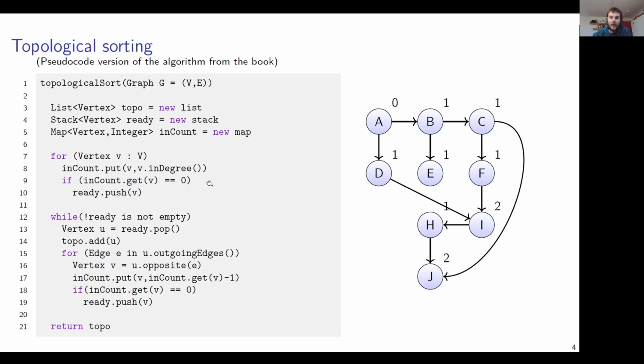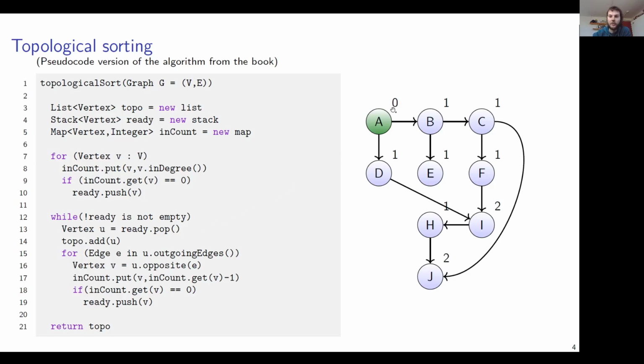And then if the in degree is 0, then we push the vertex to the stack. So in this case, only A has an in degree of 0, so we push A to the stack. Then comes the core of the algorithm. While the stack is not empty, we pop the vertex from the stack.